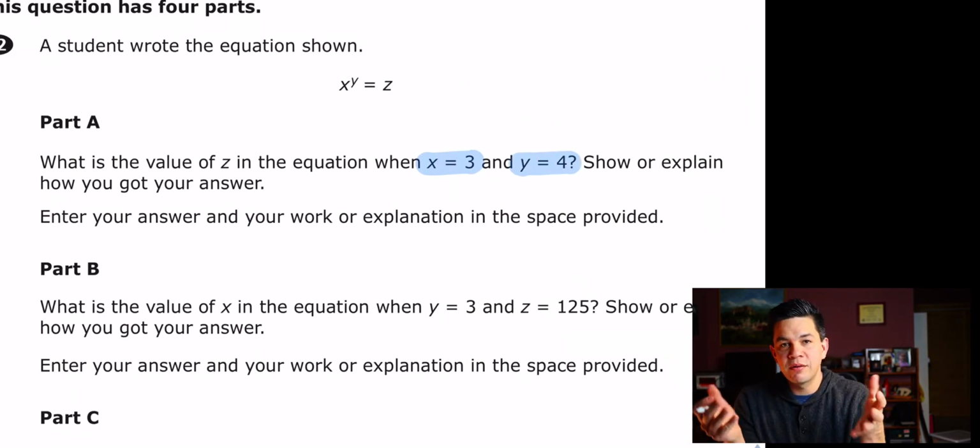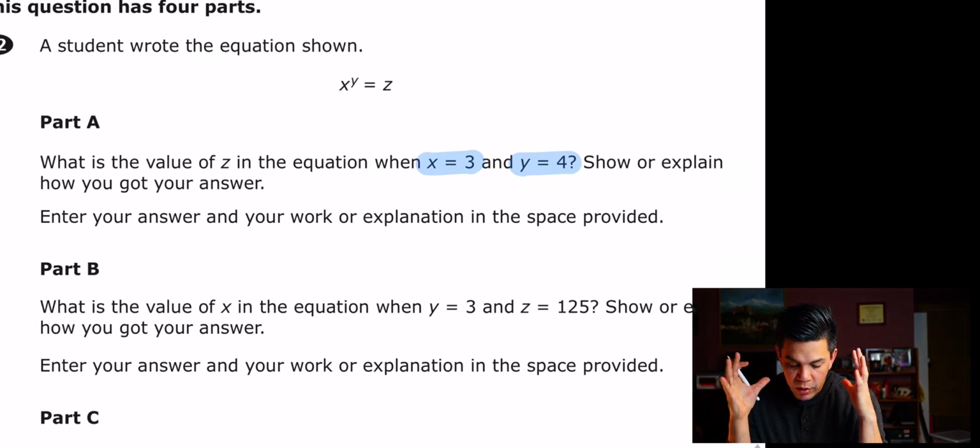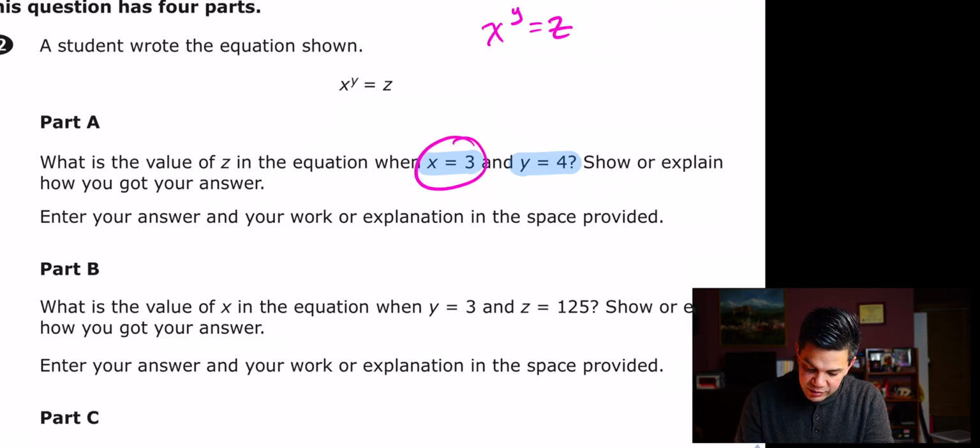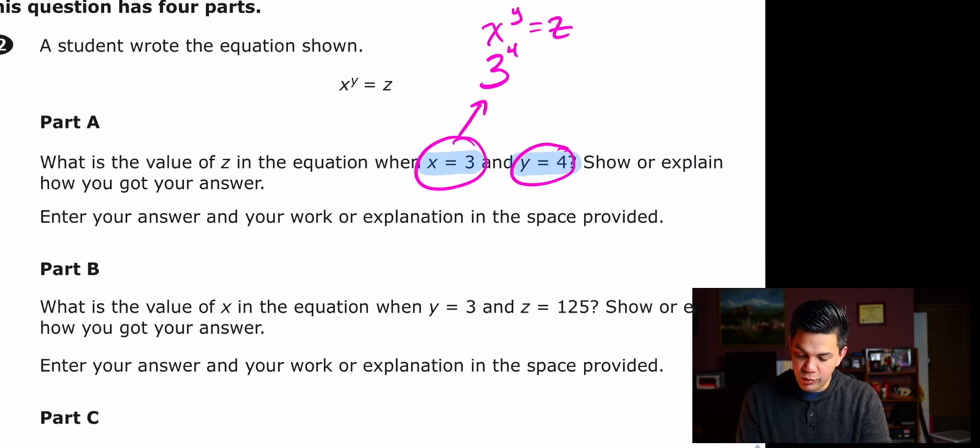Well, this is just a matter of substitution. So what you need to do is just rewrite this problem. We have x raised to the y power equals z. If x is equal to 3, you're just going to put 3 where x is. And if y is equal to 4, you're going to put 4 where the y is.